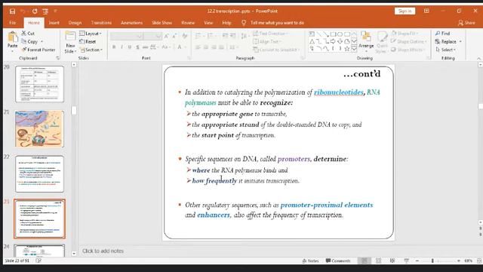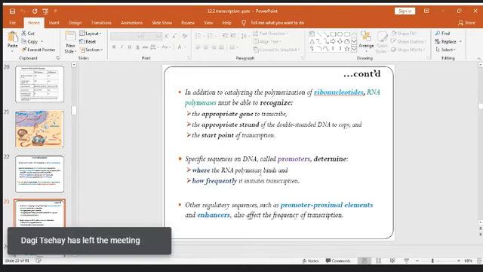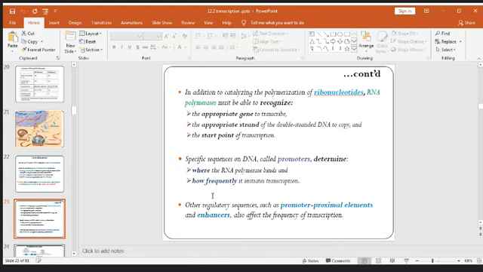The promoter region determines where the RNA polymerase binds. That is the place where it binds. The promoter region is also used to determine the frequency of the transcription process. And it is also the site where the initiation of the transcription process starts.